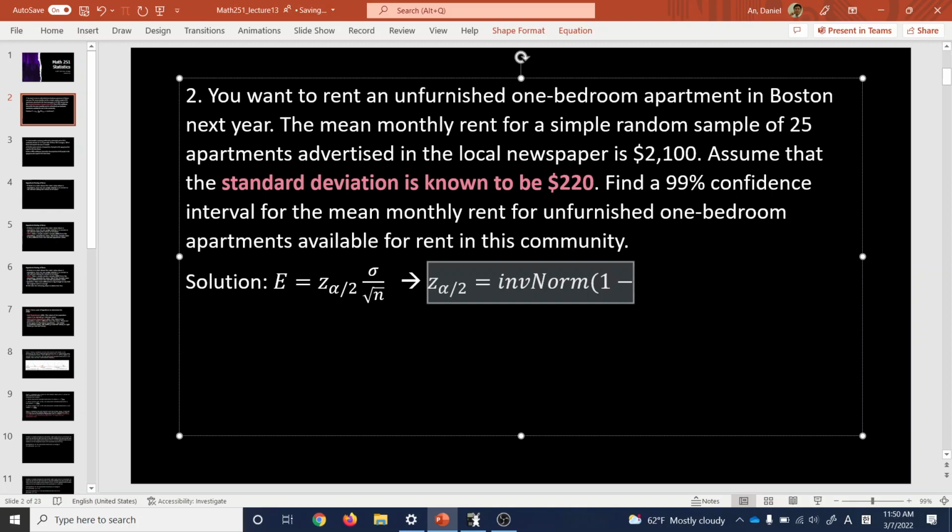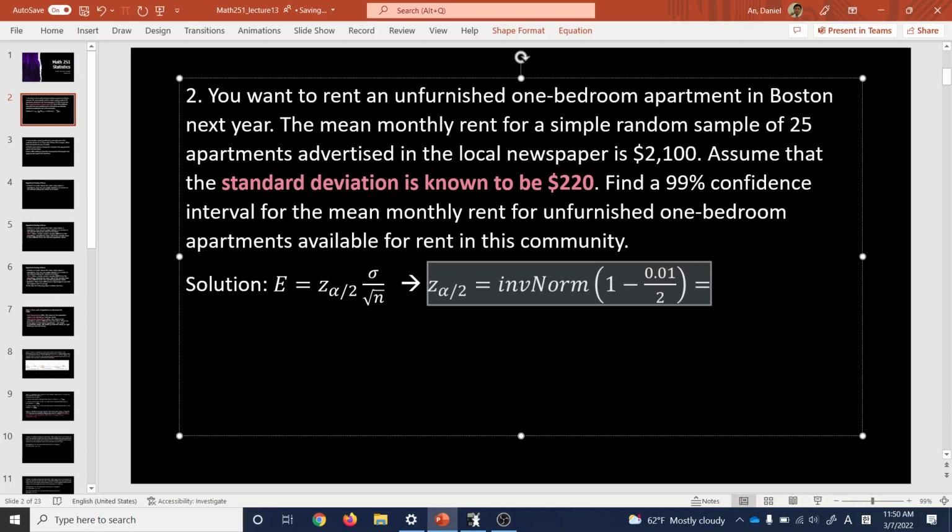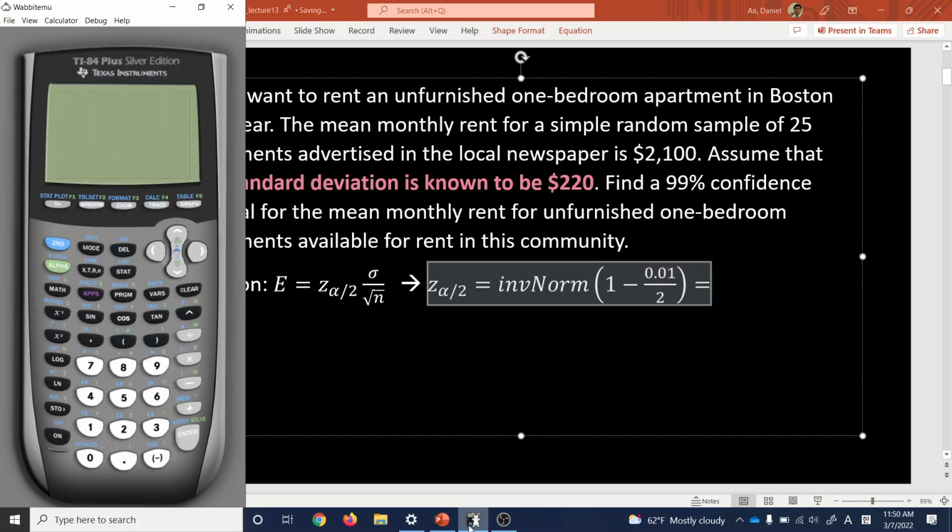But what is our alpha? 1 minus the confidence level is your alpha level, also called the significance level. So your significance level is 0.01. You put that 0.01 divided by 2 there. Let's see what that gives us. Let's go to the calculator, second vars, inverse norm.